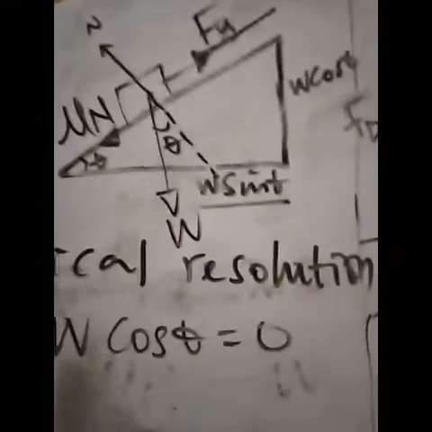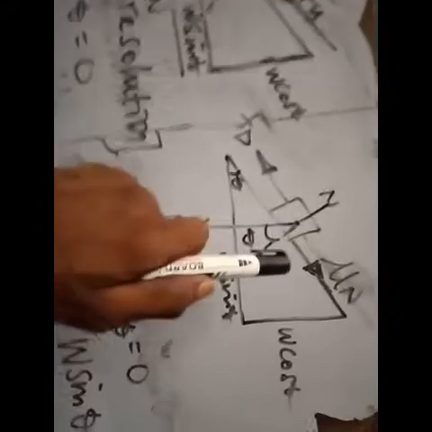So if I'm going to resolve vertically, what do you think my answer will be? Like I said, looking at this question, these are 2 different questions. You can see here, the force is acting up while the frictional force is acting downward. And here, the force is acting downward while the frictional force is acting upward.